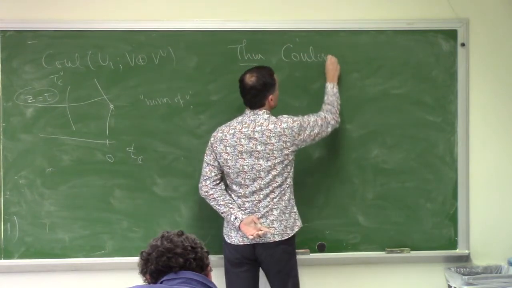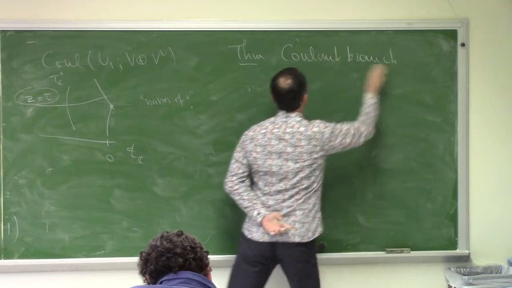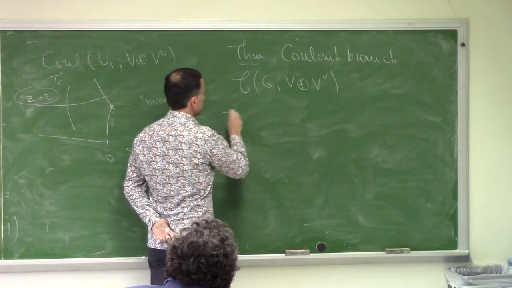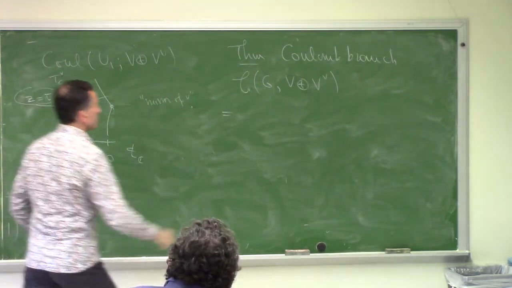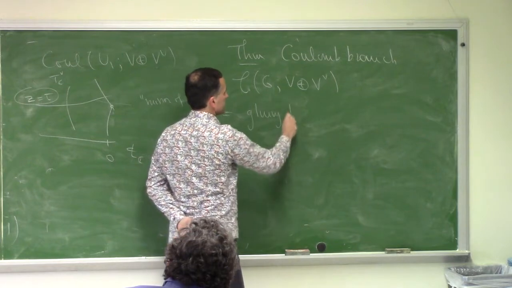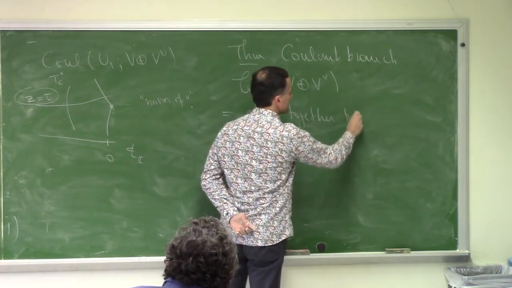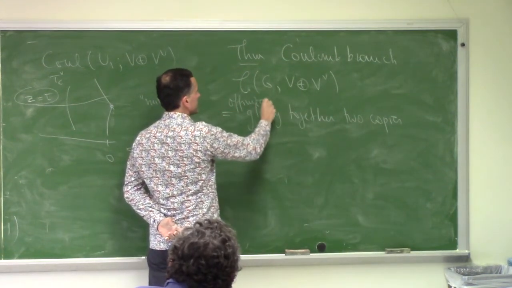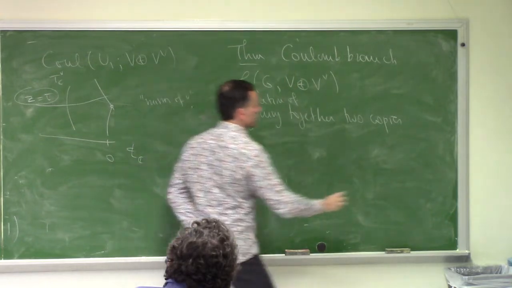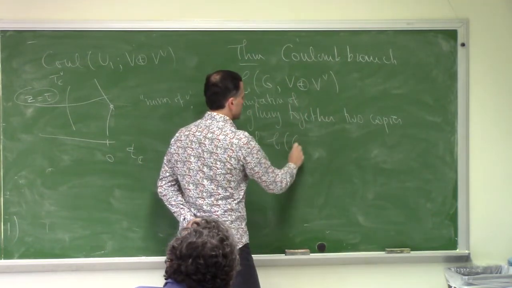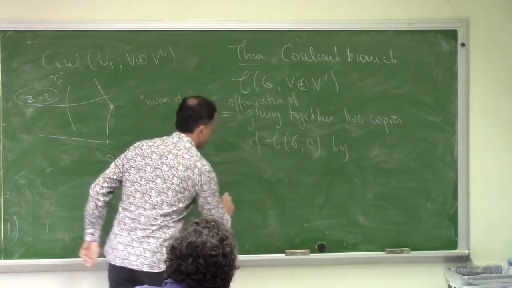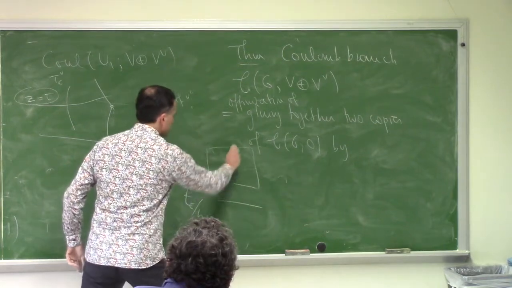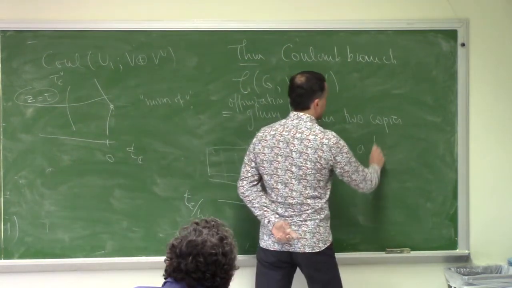The Coulomb branch C of G in the representation of the polarized case, B check, is obtained by gluing together two copies, the affinization, I should say, the ring of functions on gluing together two copies of the Coulomb branch of G and 0 by means of a shift. Right? So remember the Toda base. Here was the original Coulomb branch, the group structure and identity, by a Lagrangian shift.